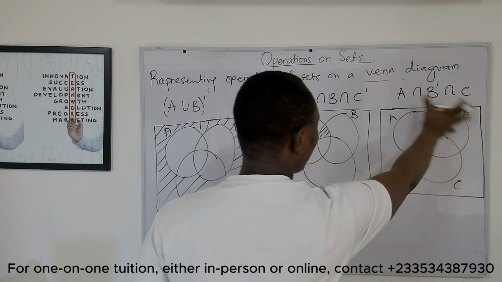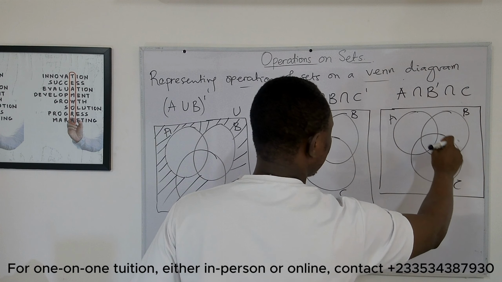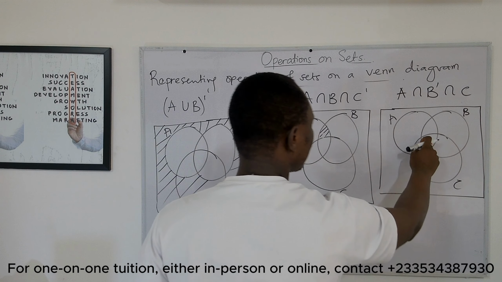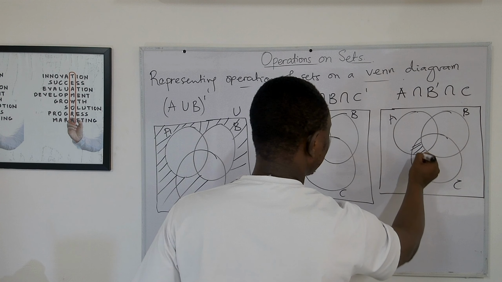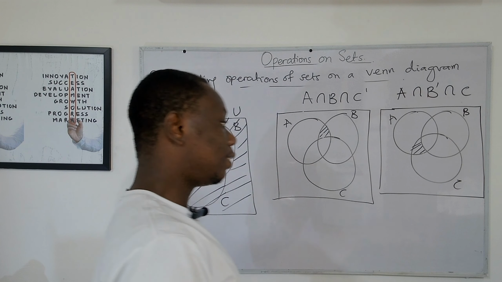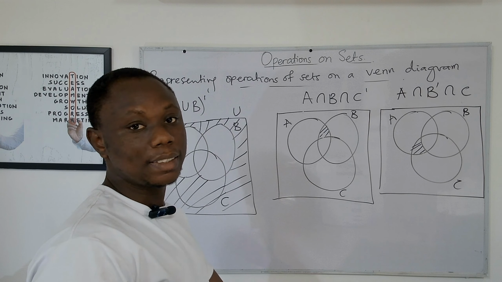B complement is all that is outside of B. So A intersection C would have been here, but then B is not part because we are in B complement, so we will come here. So A intersection B complement intersection C is sometimes what we will refer to as A and C only.